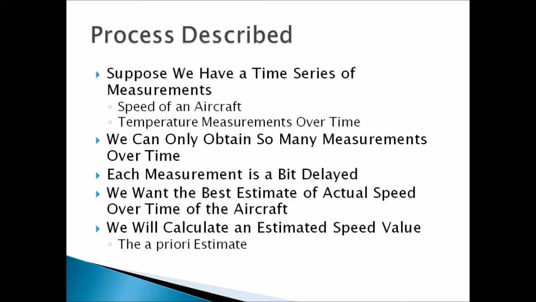And we want to get the best estimate of the actual speed of the aircraft in that instance, or maybe we want to look at the temperature, but for now, I'm considering the aircraft because it's an easier one to talk about. First, we calculate the estimated speed value. This is known as the a priori estimate. We have some model that describes some initial speed that we've already calculated.